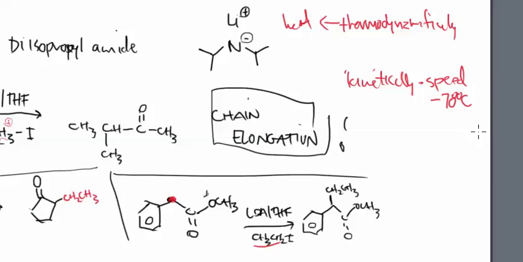If we have an unsymmetrical molecule with alpha carbons on either side of the carbonyl, and those can be replaced, both choices will happen, one being preferred over the other. Well, you've got to determine what environment you're working in first. If it says negative 78 degrees on the arrow somewhere, that is kinetic. And if it doesn't say that, you assume that it's thermodynamic.